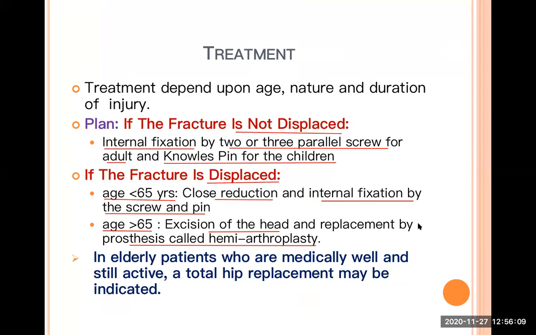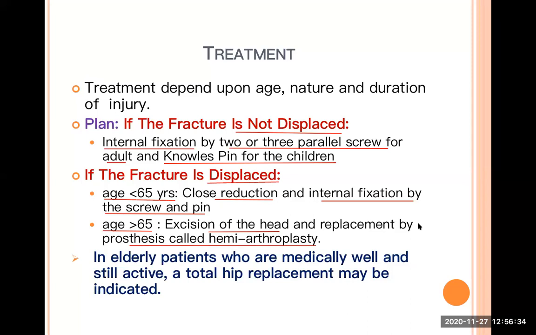Hemiarthroplasty means half of the joint. In this case, we are talking about fracture neck of the femur. So head is removed here, not the acetabulum. Only the head is replaced. Whereas in total hip replacement, we remove both head as well as acetabulum. That acetabulum is also having a lot of problem probably in this case. These patients are quite older.